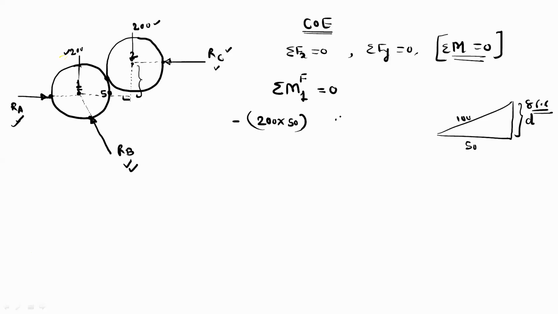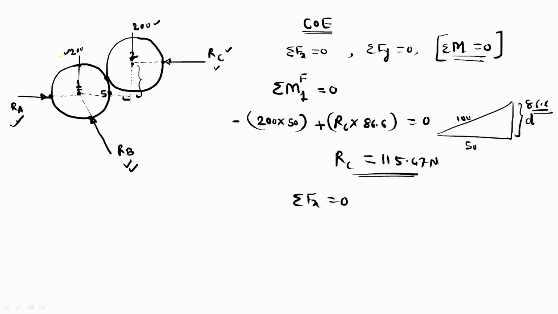So that moment will be reaction RC into 86.6, and this moment is anti-clockwise, so it is positive. It is equal to 0. So from this you will get the reaction RC. You will get the same answer. It is 115.47 Newton. Okay, and then use the condition summation Fx is 0. So for summation Fx, you can take the reaction RA, reaction RC, and resolve this force.